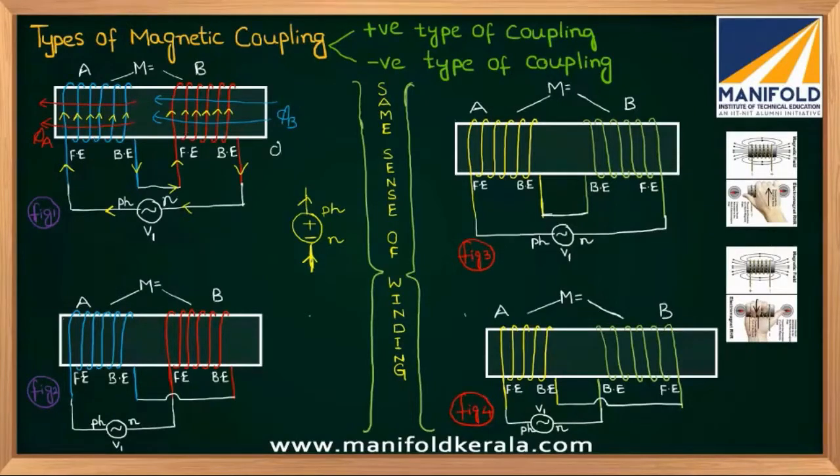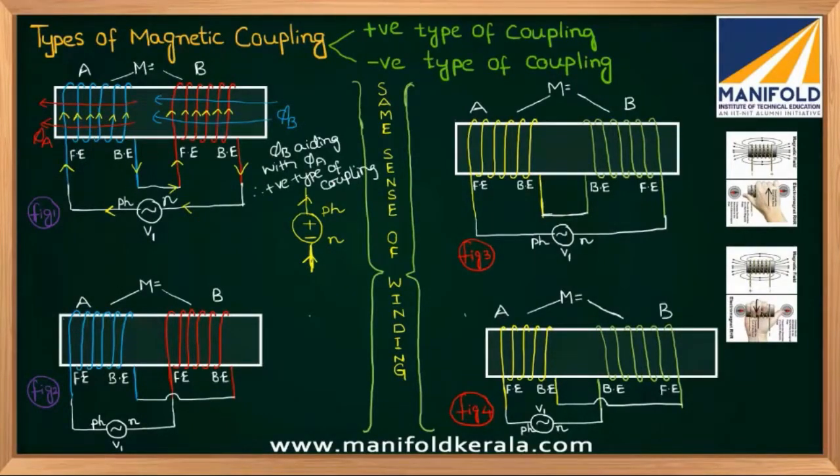That means I can write here phi B aiding with phi A. Therefore, which type of coupling? Positive type of coupling. For positive type of coupling, these two windings are magnetically coupled.